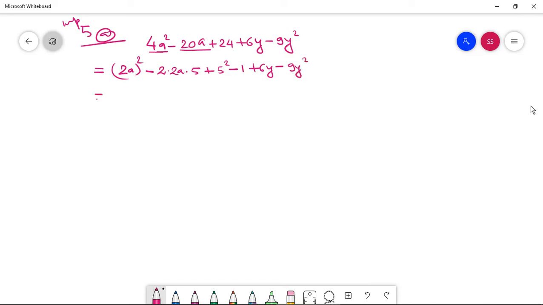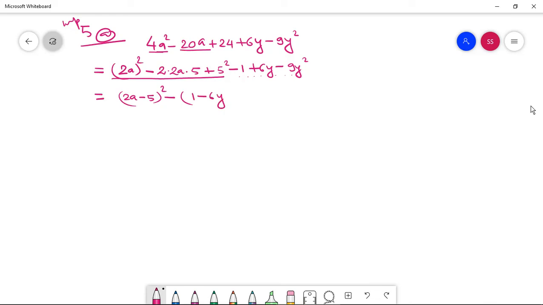So first we have (2a minus 5) whole square minus, and this is also a perfect square: 1 square minus 2 times 1 times 3y plus (3y) whole square.